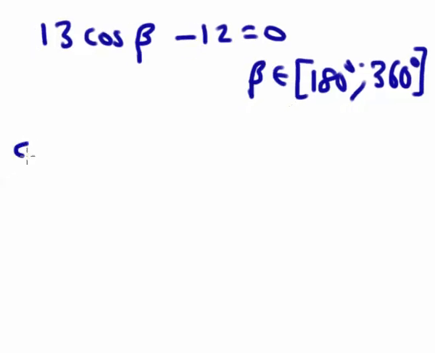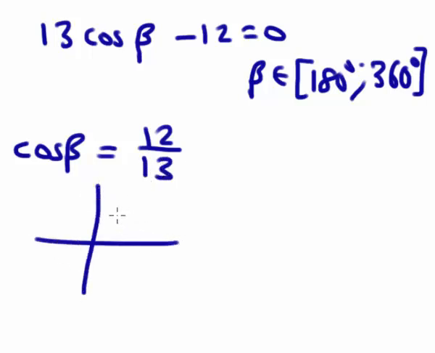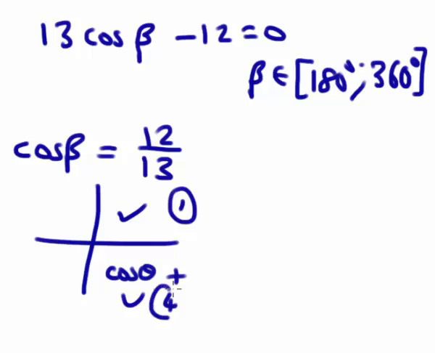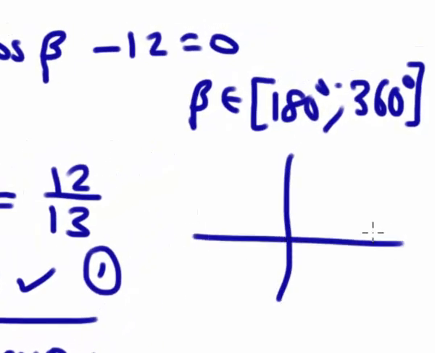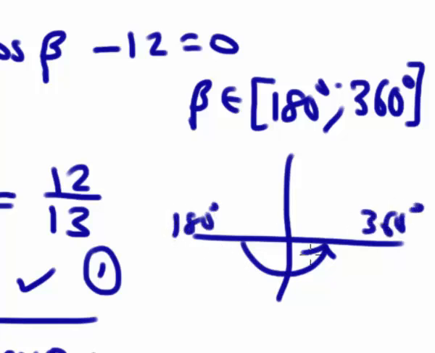Well, in the equation, we can say cos beta, you bring across the negative 12 and divide by 13. And where is cos positive? It's there, all positive there, and cos is positive there. So it's in the first and the fourth. This tells you that you can go from 180 to 360, because that's 180 there, and that's 360. So you can span across those two quadrants.